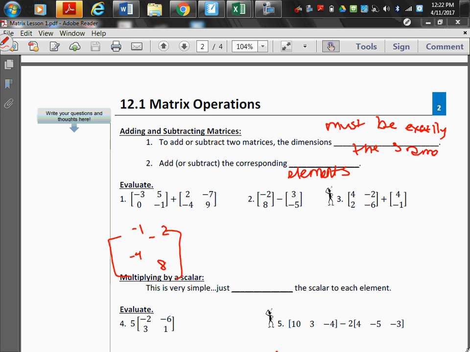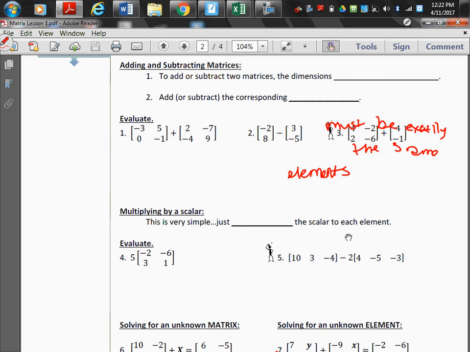It's very simple. You multiply the scalar to each element. Multiply the scalar by each element. Just multiply.